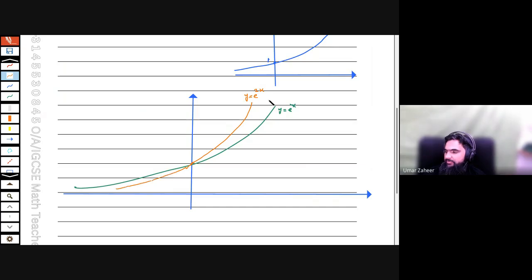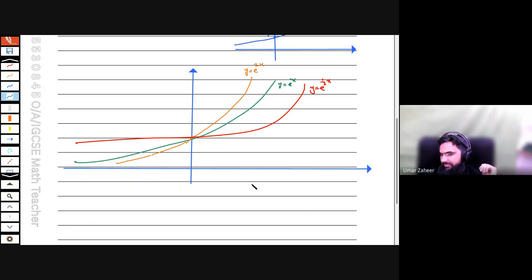Now, for example, if you have a graph like y is equal to e raised to power 1 over 2x. Obviously, 1 over 2x is lesser than 1, so it is less exponential. So it moves from here like this way. So basically, the value that you have with x tells you about the steepness of a graph.